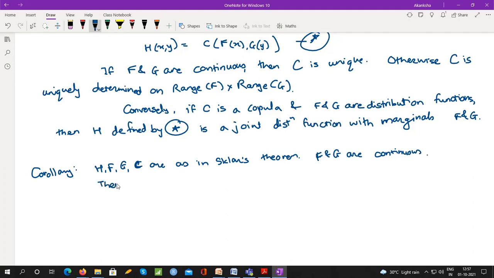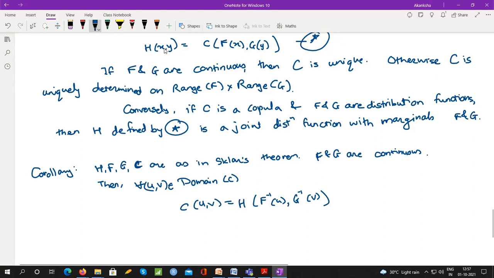Then for every (u, v) coming from the domain of C, C(u, v) is defined as H of F inverse of u and G inverse of v. Try to compare this with star, then it would be clear. See, you have x here, so x I can actually write as F inverse of F(x), correct?